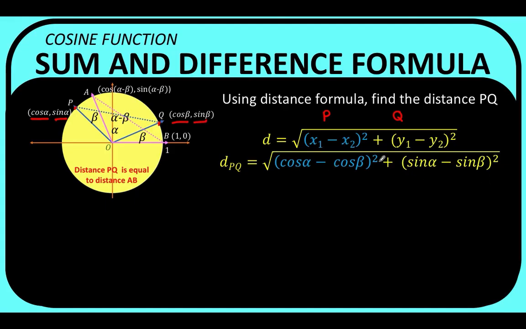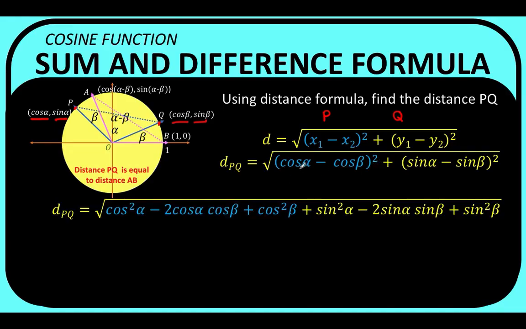Notice here that we have a square of a binomial, so we can expand this by getting the square of the first term, minus twice the product of the first and the second term, plus the square of the second term. So the expansion of this square of binomial is this blue part.